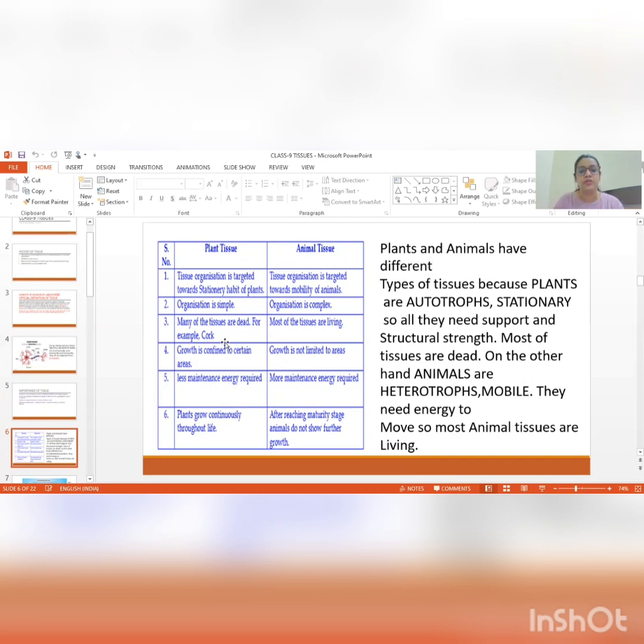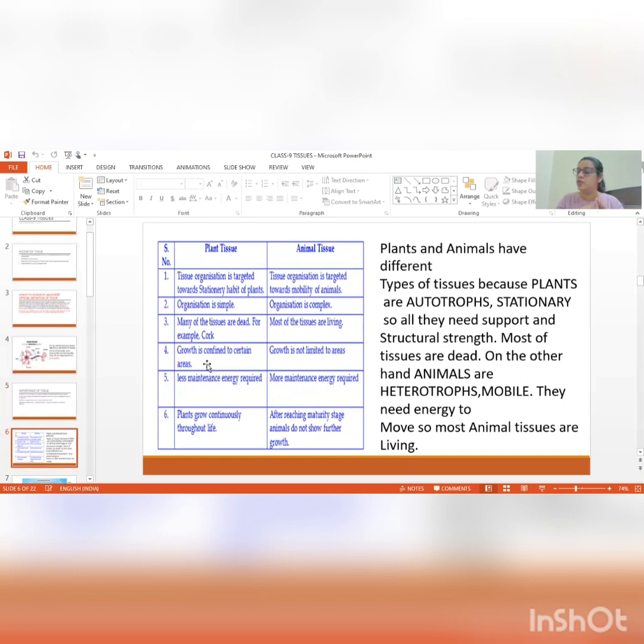Growth is confined to certain areas in plant tissues. As we know, plants grow in the root area or the shoot area, or their girth increases from year to year. But in animals, growth is not limited to particular areas. Less maintenance energy is required in plant tissues. More maintenance energy is required in animal tissues.